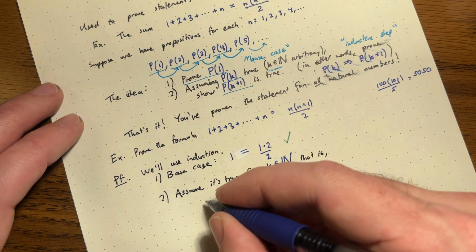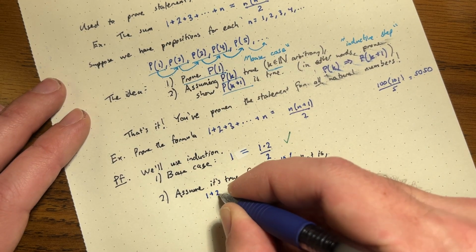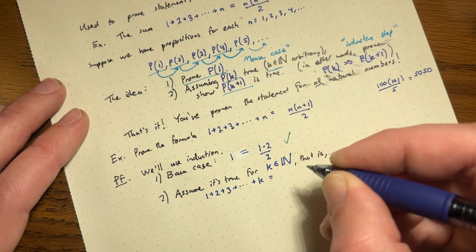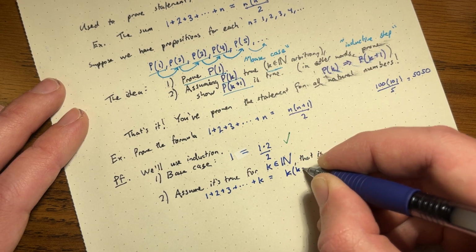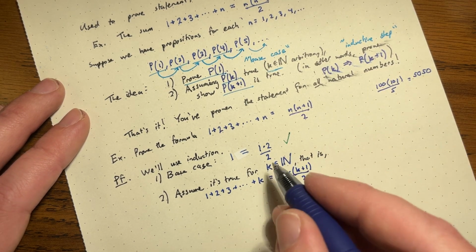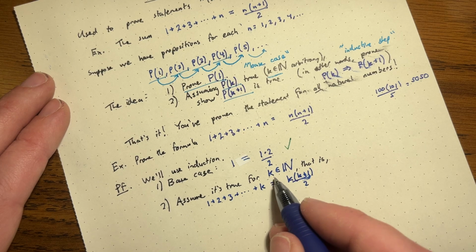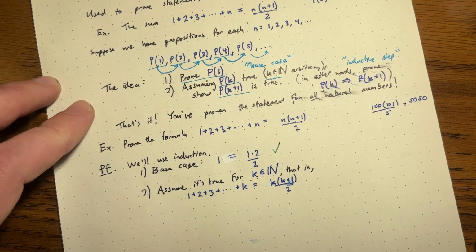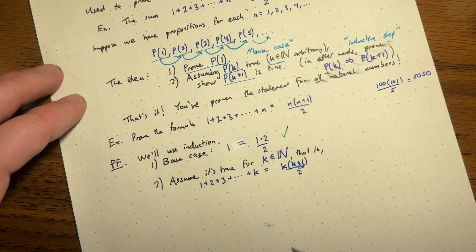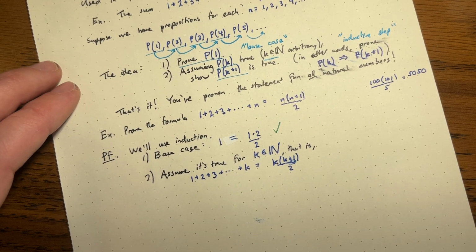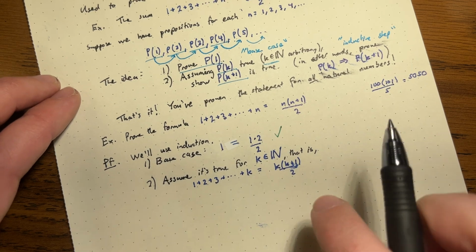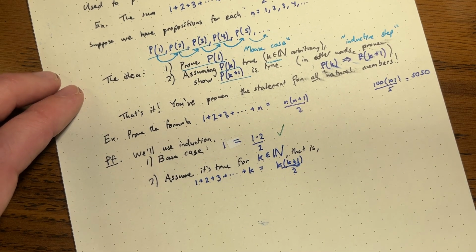So we're assuming that 1 plus 2 plus 3 plus all the way up to k is k times k plus 1 over 2. I really recommend don't just use n again. Use a different variable. It's less confusing that way. So now we're going to show that it's true for k plus 1. Assuming this. We haven't proved that. We're assuming it.